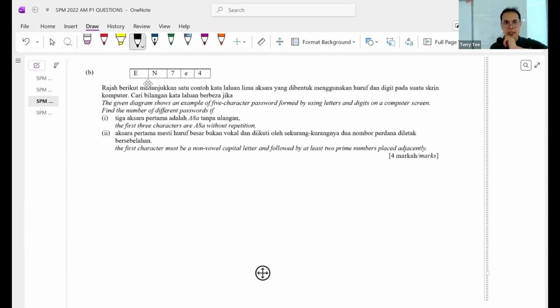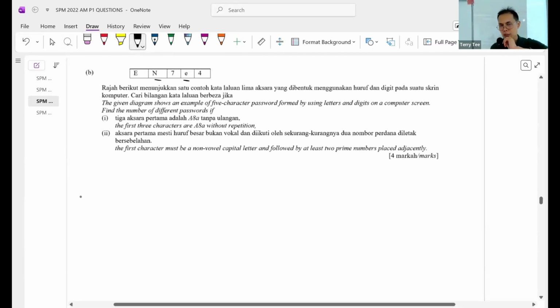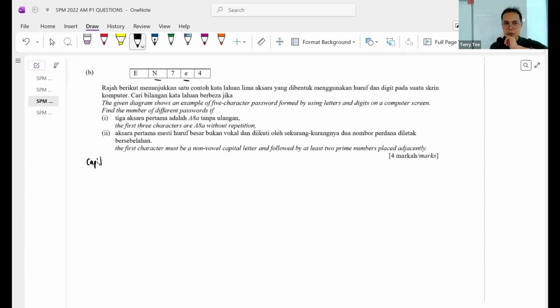If you can use capital letters and small letters, how many options do you have? Capital letter, how many options? 26, right? Small letter, how many options? 26. Digit, how many options? 10.